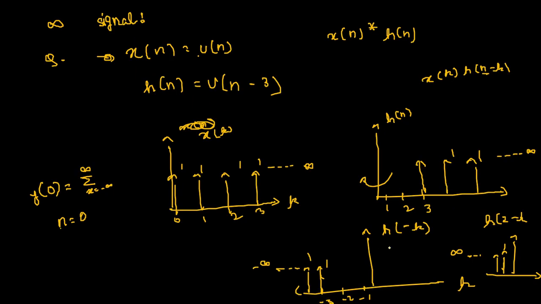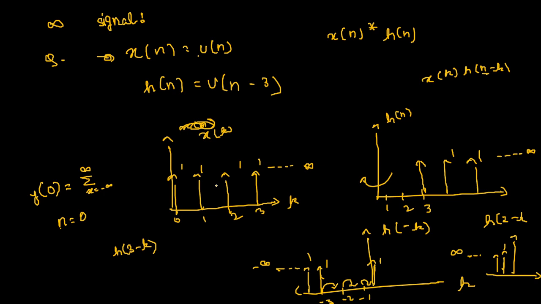However, when we get to y of 3, that is h of 3 minus k, this h of minus k is shifted to the right by 3 units, right? So 1, 2 and 3 units. So at 0 we have 1 now. So now we have a common region between x of k and h of minus k, right?